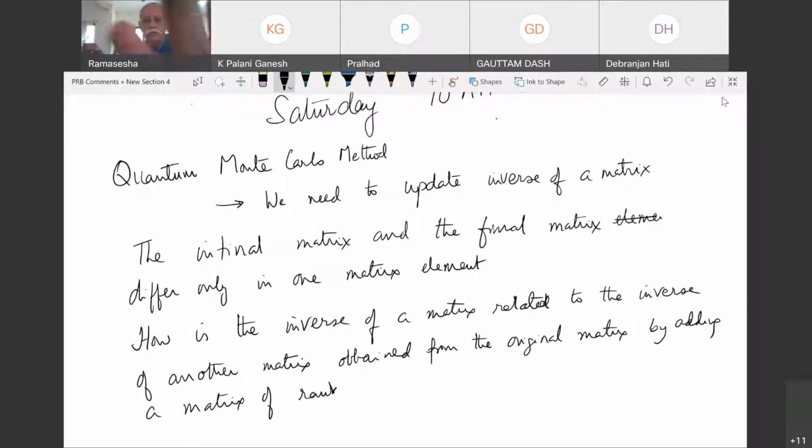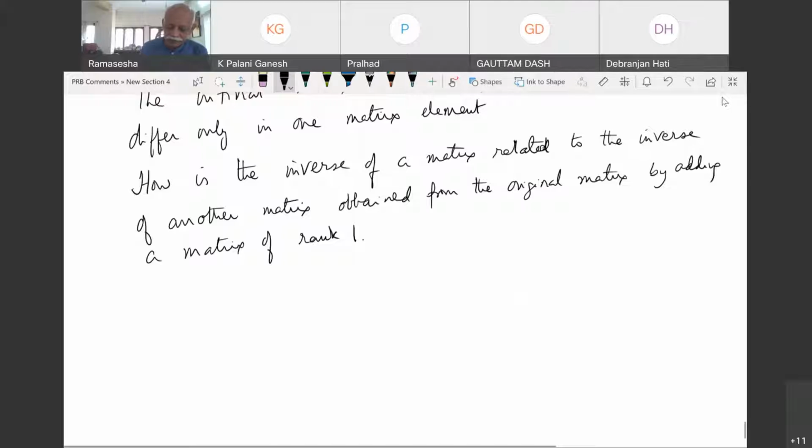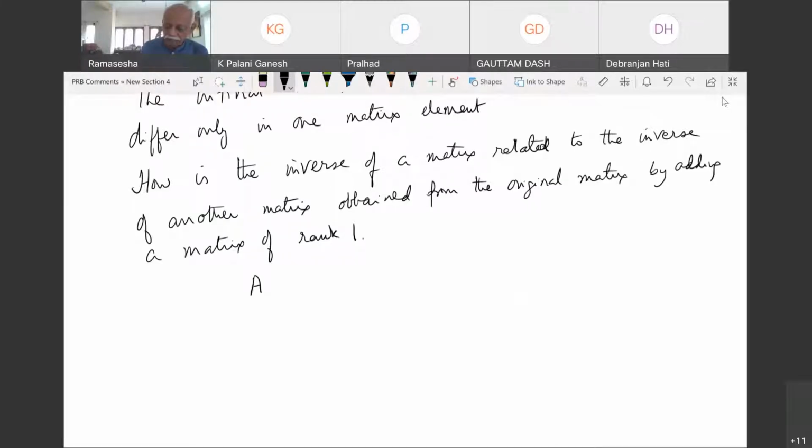So I have a matrix A, the initial matrix, and I go to a matrix B, which is equal to A plus a matrix M, which is of rank 1.